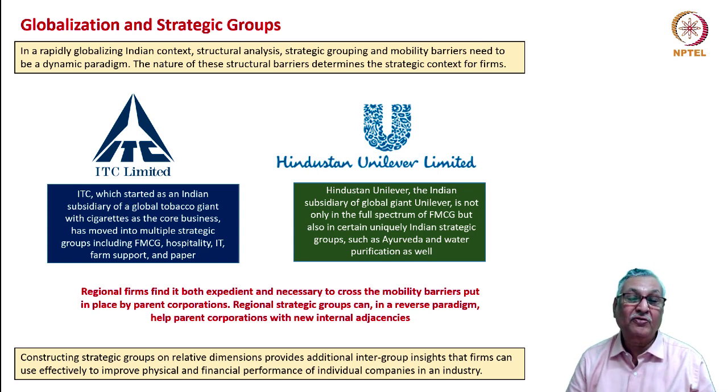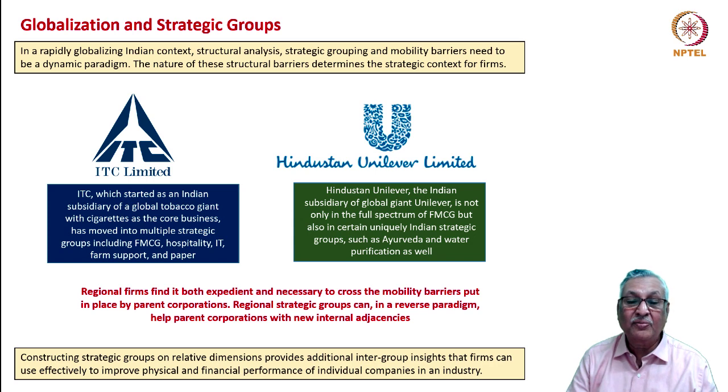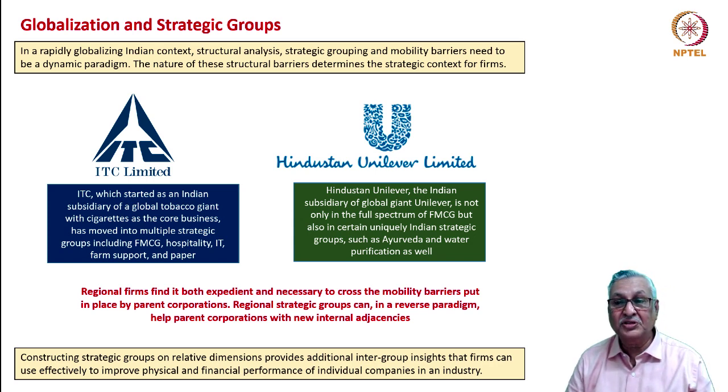Regional firms therefore find it expedient as well as appropriate to cross the mobility barriers that have been put by the original startup of the company or by the parents, that is parent corporations. Regional strategic groups can, in a reverse paradigm, help parent corporations with new internal adjacencies. The Ayurvedic products of Hindustan Lever find market elsewhere. The low-cost ECG done by GE has found markets elsewhere.